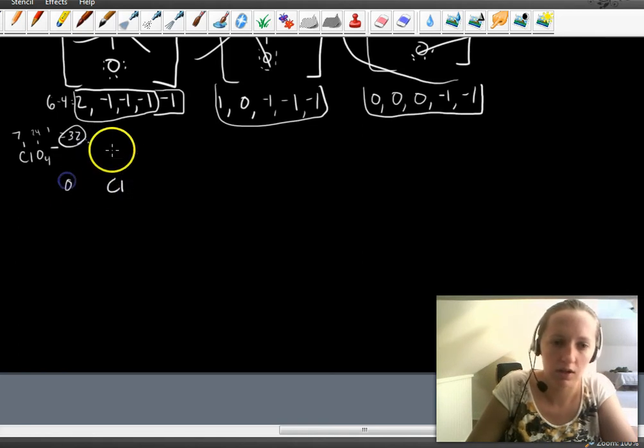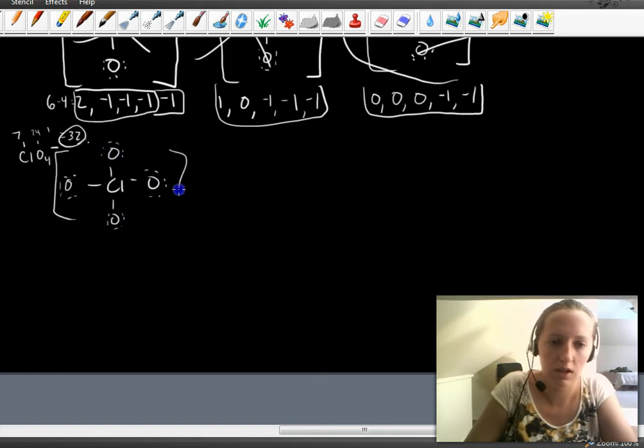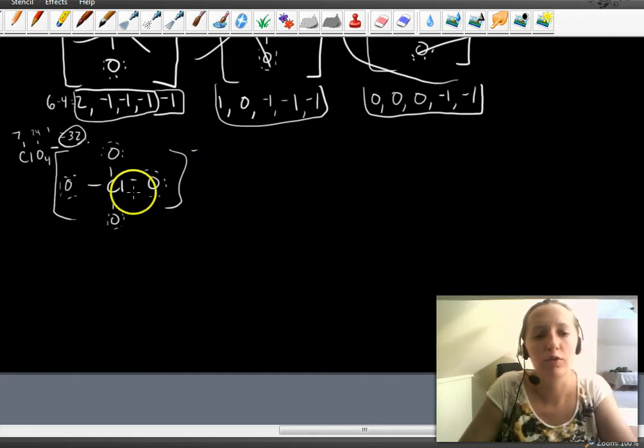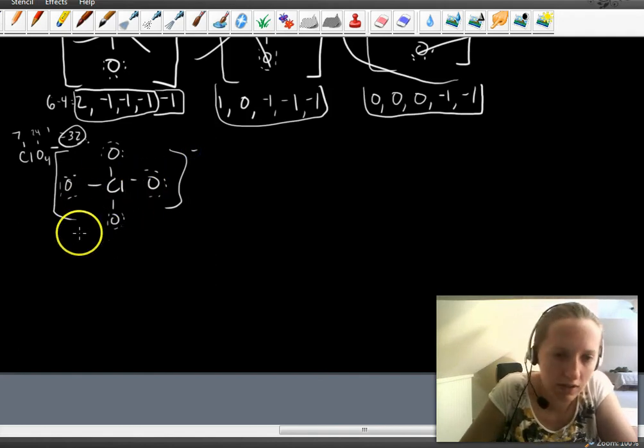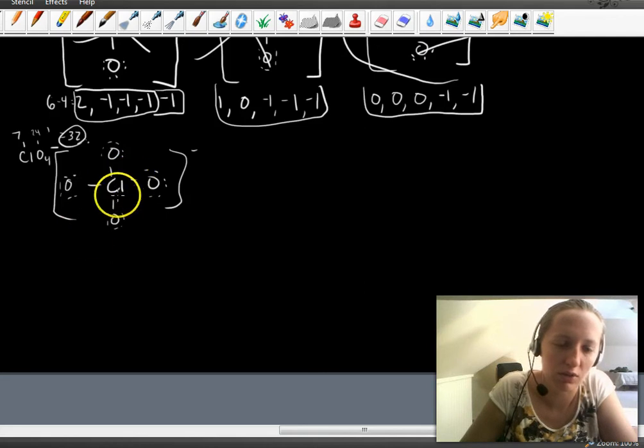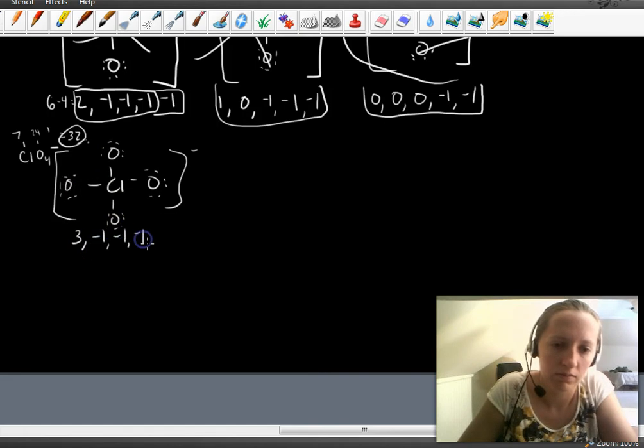So chlorine in the middle, and oxygens around the outside, and all single bonds. And it's an ion, so minus, and that's 8, so 32 each, 4 times. And the score for this is chlorine, which normally has 7, has 4, so that's a 3, and then all these oxygens have got scores of -1.